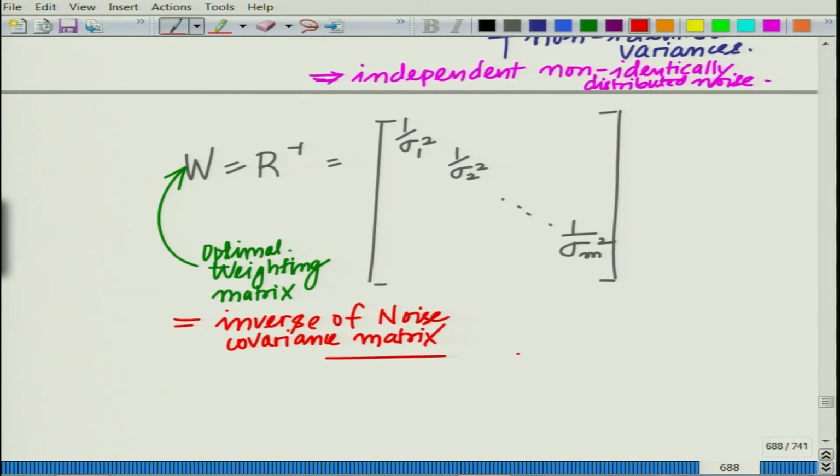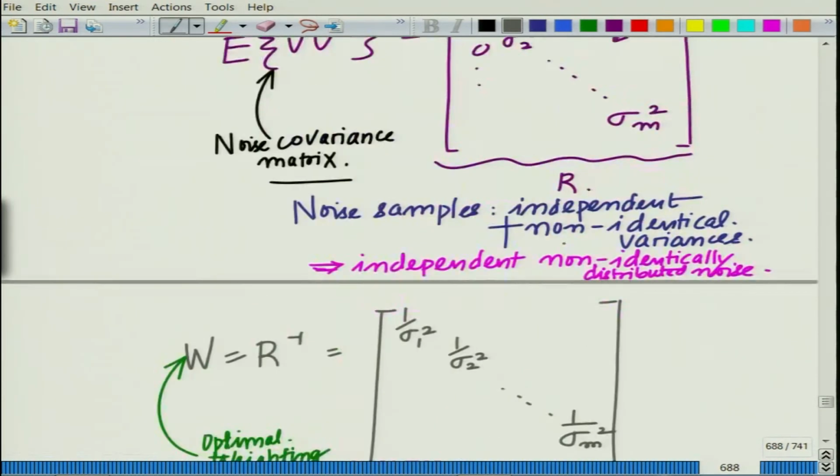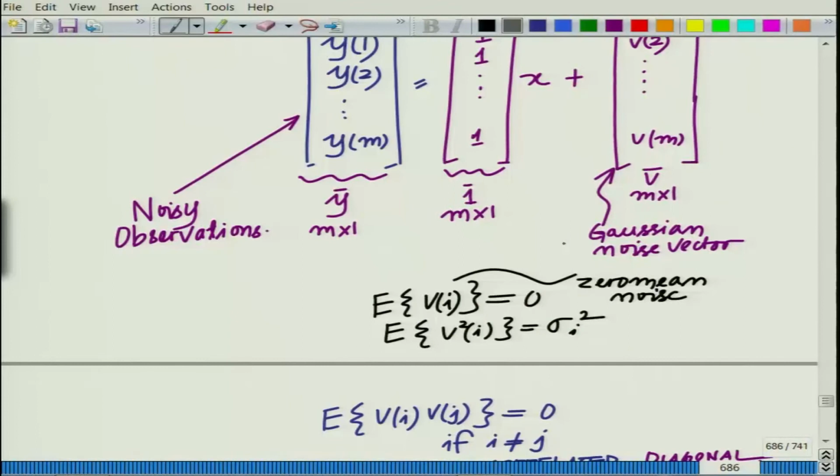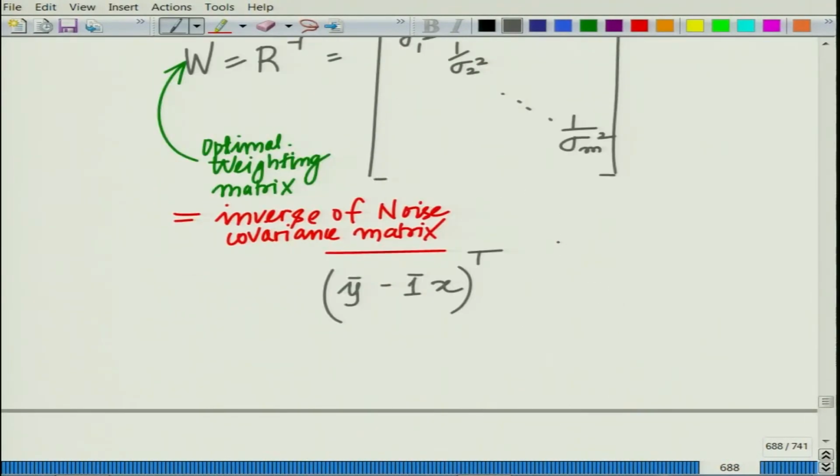That is, we want to consider the estimation problem: y bar minus 1 bar x, transpose, into R inverse, into y bar minus 1 bar x.